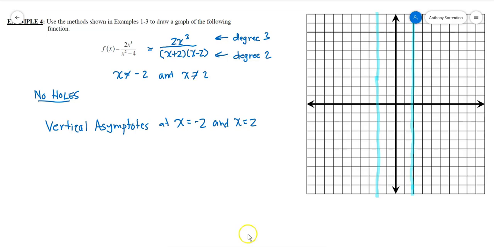That tells me I'm going to have an oblique asymptote at y equals, but I've got to figure out what that is. So I'm going to go back to the original numerator and denominator because I really can't do any cancellation. I can't come up with a simplified version. So I'm just going to take the 2x cubed, remembering to represent all the other powers of x.